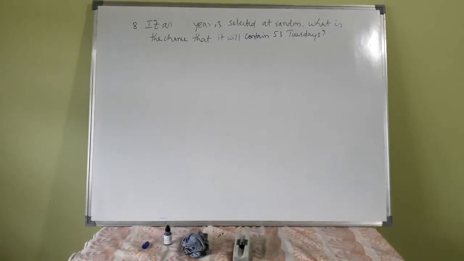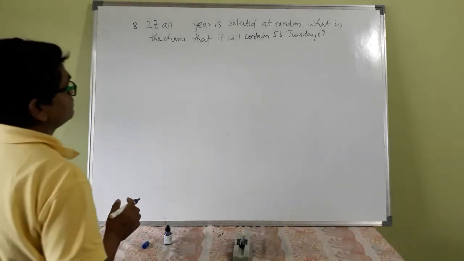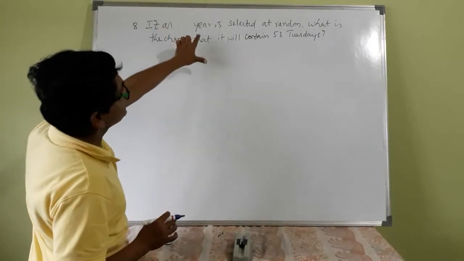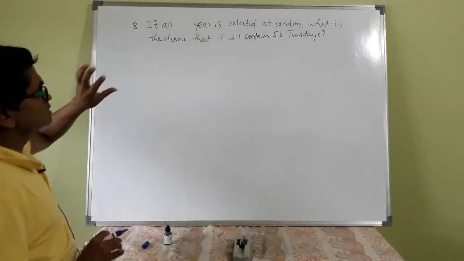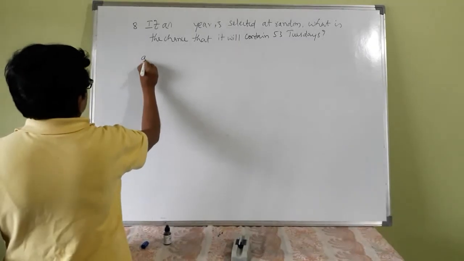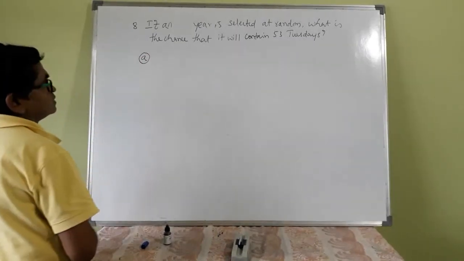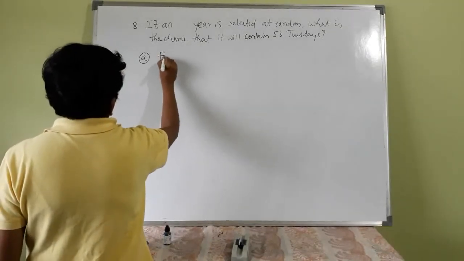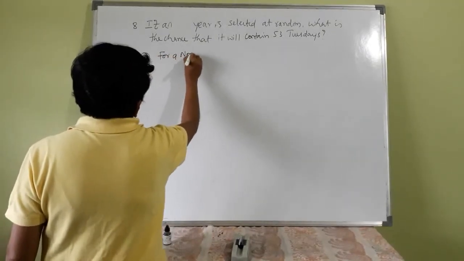The eighth question is, if a year is selected at random, what is the chance that it will contain 53 Tuesdays? Okay. See, actually the question is, if a leap year is selected, I slightly changed this. Let us consider, suppose, a non-leap year.